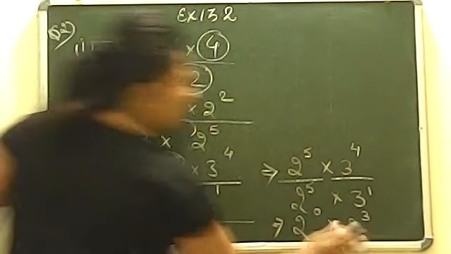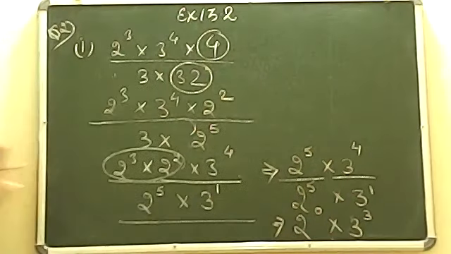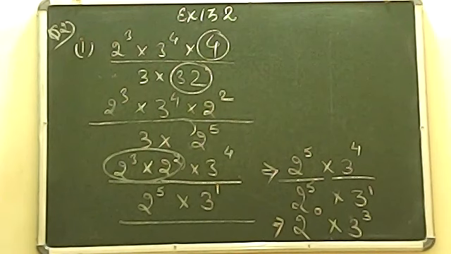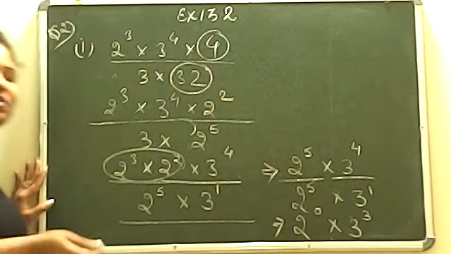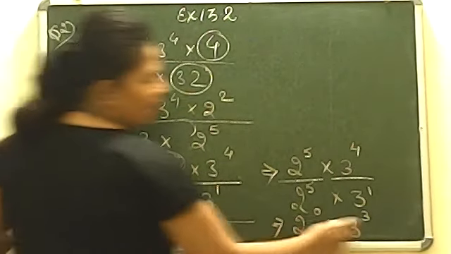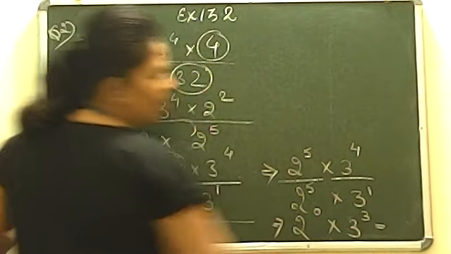Sorry 3 है, this is 3. 3 की पावर 3. 3 is the base. Okay, so 3 to the power 4 minus 1 which will give you 3. 2 की power 0 which will give any number have the power 0 which will give you 1, and 3 की power 3 मतलब आंसर क्या होगा बेटा?